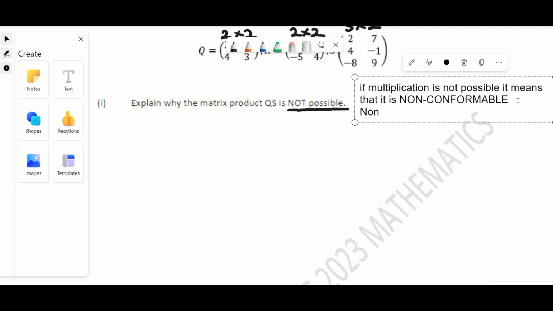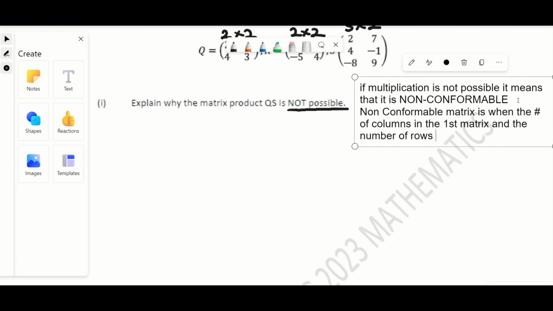Now, a non-conformable matrix is when the number of columns in the first matrix and the number of rows in the second matrix are not the same.